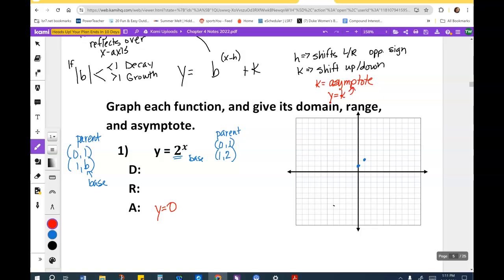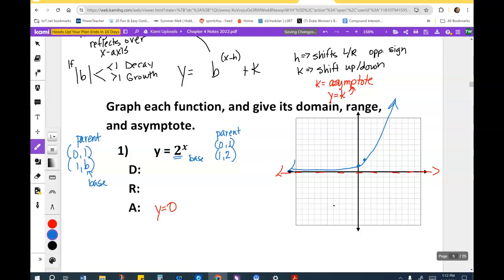So here, because I don't have a k, that's why y equals 0. And I'm just going to put that in as my asymptote as a dotted line. Okay, so I know that it's approaching my asymptote and it's going up to the right. You really only need those 2 points. It's going to approach on this side and it's going to go up exponentially to the right.